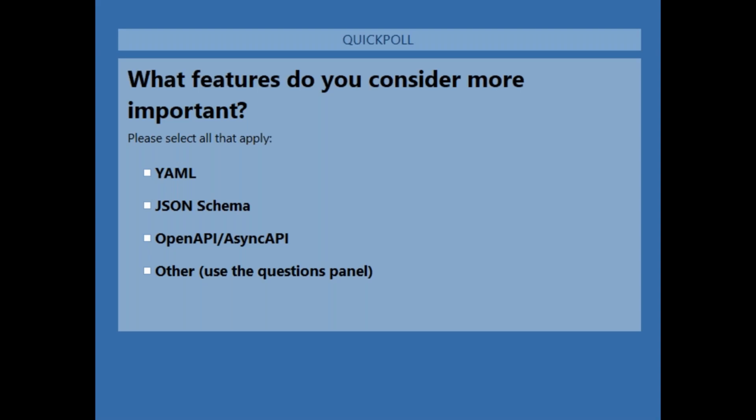So the response will be YAML or JSON Schema, or maybe more important for you will be the OpenAPI, AsyncAPI, or maybe use other type of YAML documents, and providing support for those types will be more important for you. So I'll leave this for a few moments so everyone will answer the question, and then I'll share the results with you.